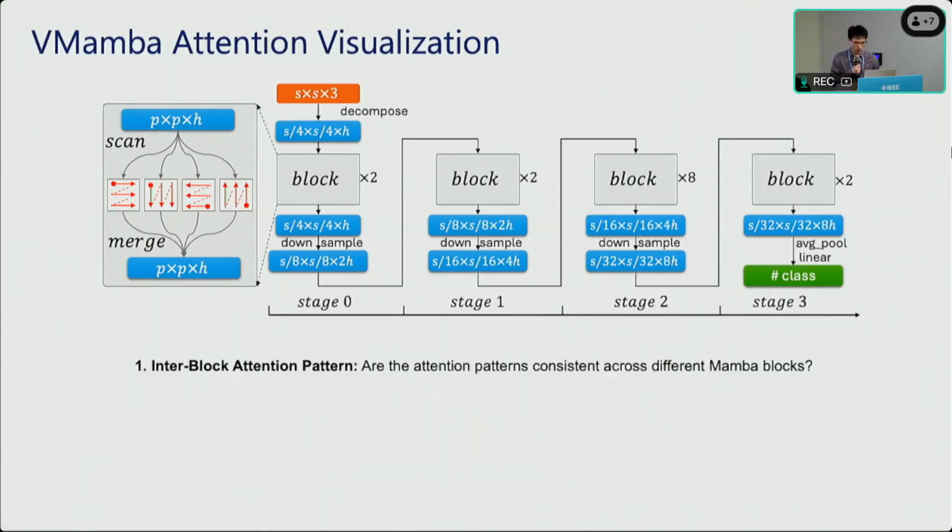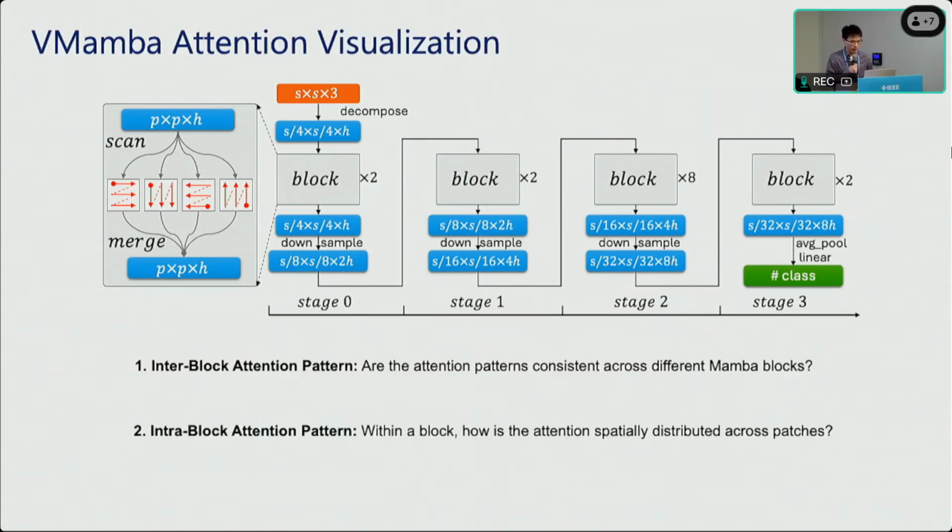The first one is, are the attention patterns consistent across different Mamba blocks, which we call the inter-block attention pattern? The other is, within a single block, how is the attention spatially distributed across the patches, which is the intra-block attention pattern? To save time, I will directly tell you, for the first question, we found that the attention patterns in different blocks are very different. Let's focus on the second question.